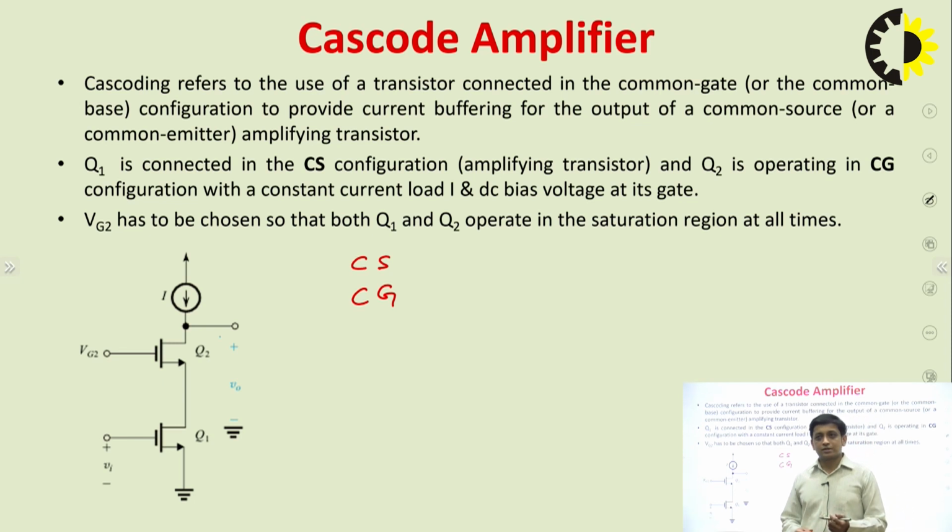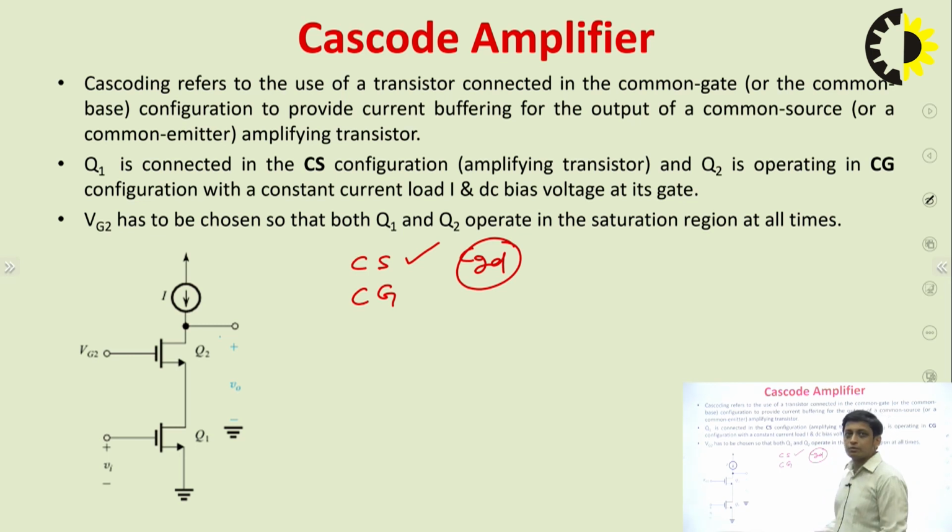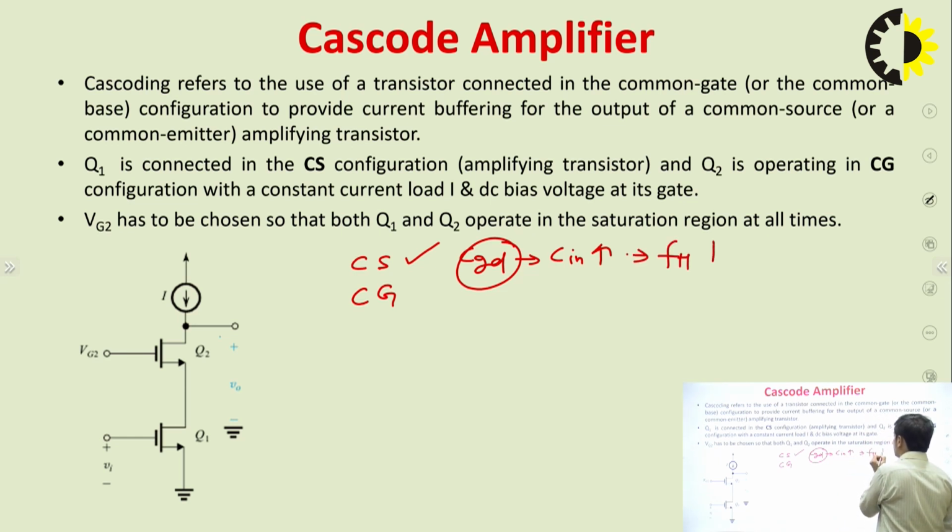So we had studied that in the common source amplifier there is a Miller effect. There is a Miller effect because a capacitance, internal capacitance, that is called CGD, gate to drain capacitance, is connected between two high gain node. Because of that the input capacitance C in is increased, and because of the increase in input capacitance C in, the upper 3 dB frequency is reduced, and if upper 3 dB frequency is reduced, then bandwidth of the amplifier will also decrease.